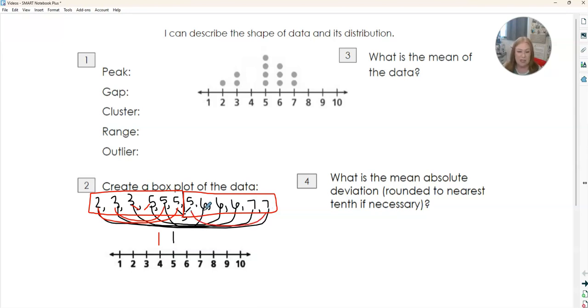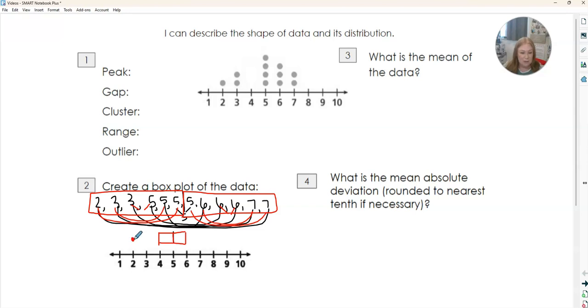So we can see a match here, a match here. The middle of 6 and 6 is 6. So we're going to connect those to make our boxes here. So there's our boxes. We should have a line on 4, 5, and 6. Middle of the middle, middle of the front, middle of the back. Now we put those stems out.